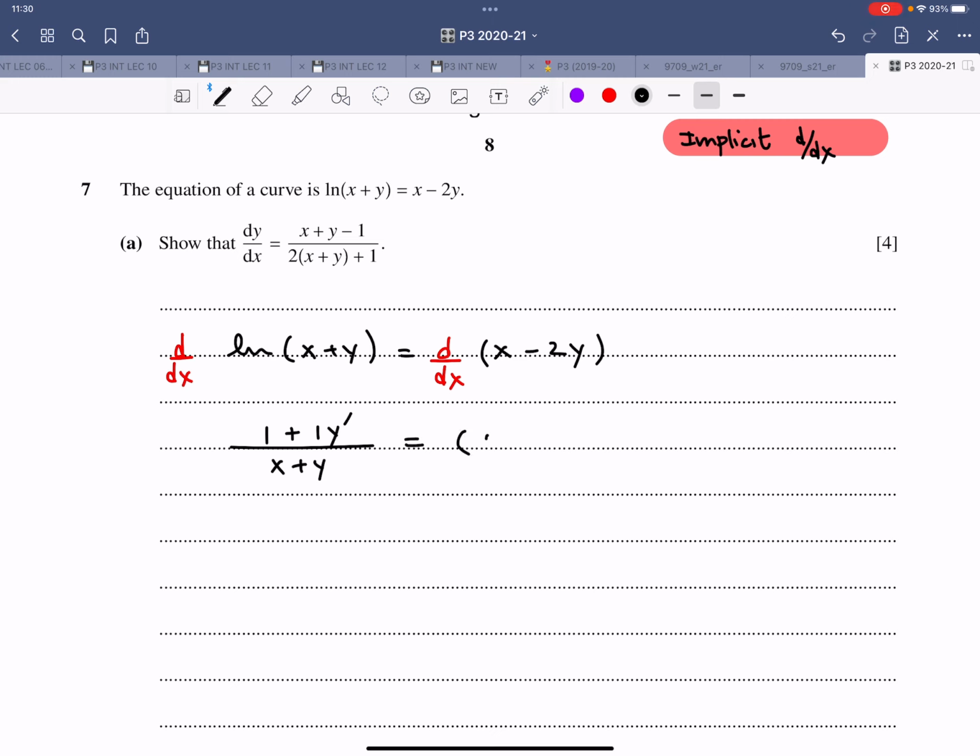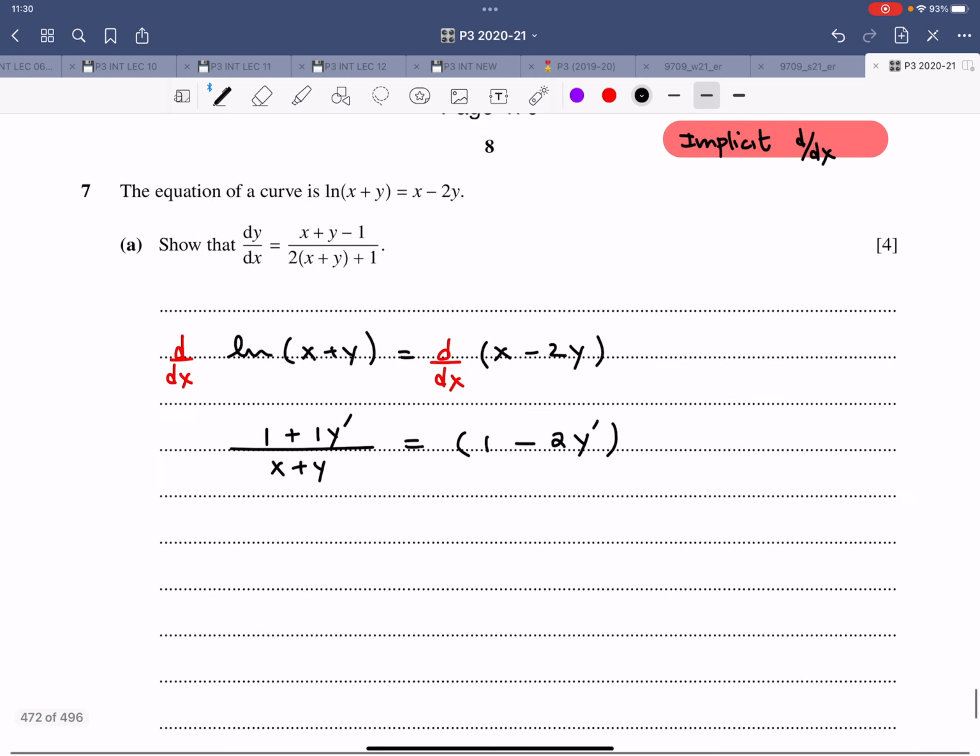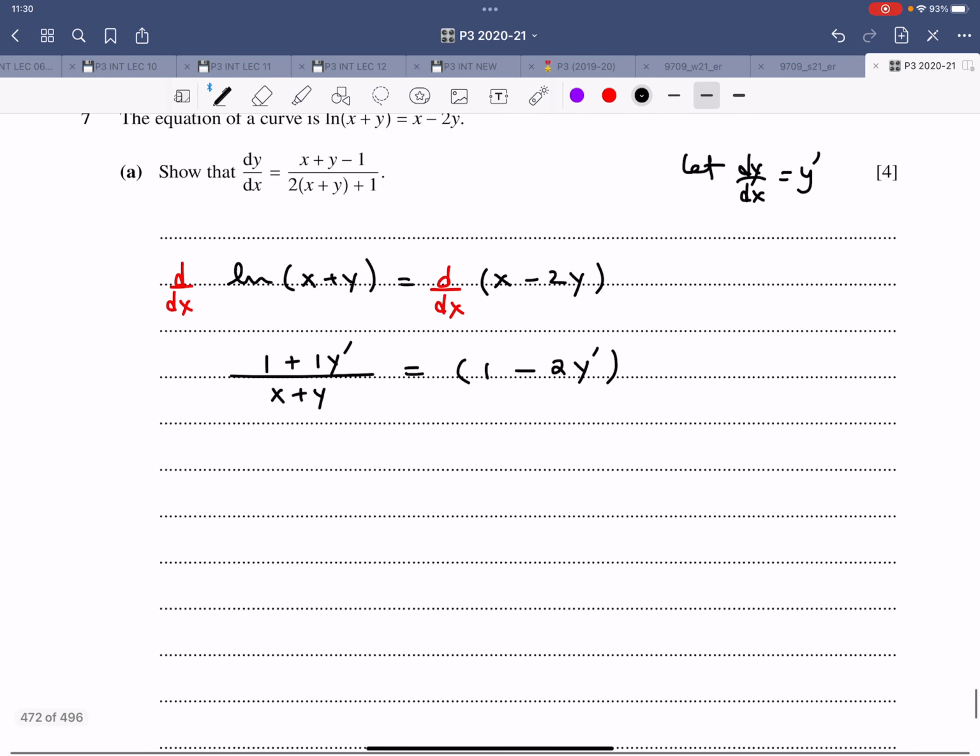Derivative of x is 1, derivative of 2y is 2 multiplied with y prime. You can let dy by dx equal y prime, or you can write in terms of dy by dx. Cross multiply: 1 plus y prime is 1 minus 2y prime multiplied with x plus y.